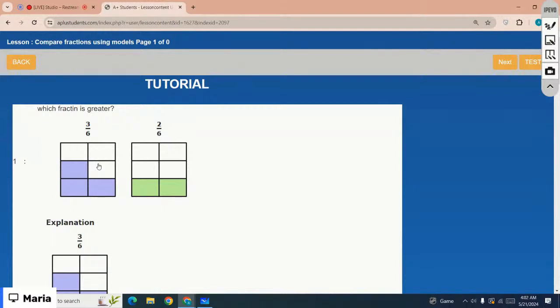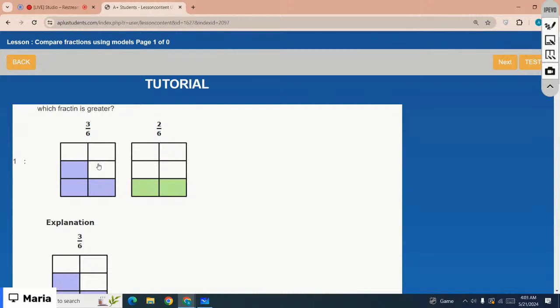That means they both have exactly the same denominator.